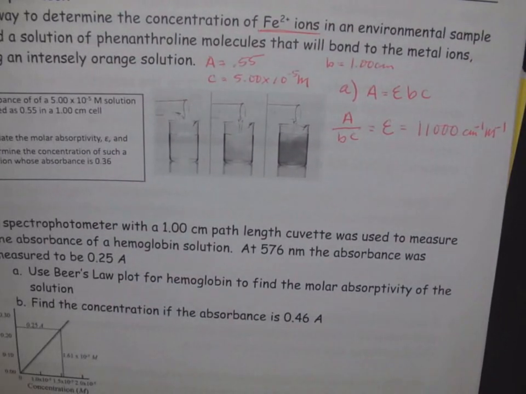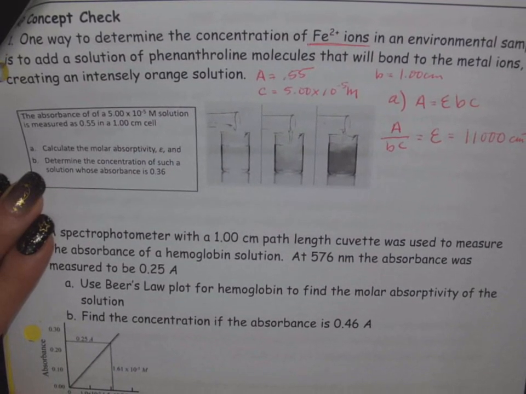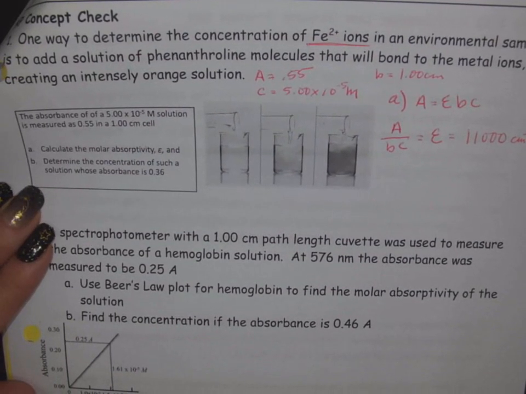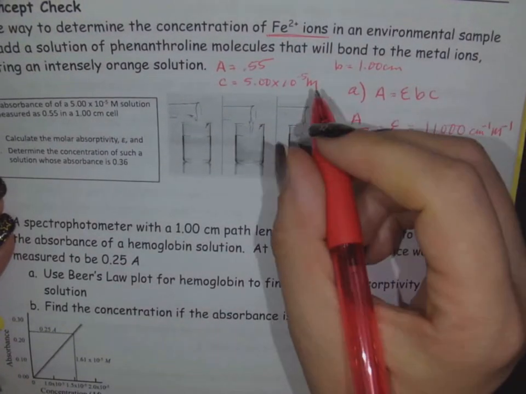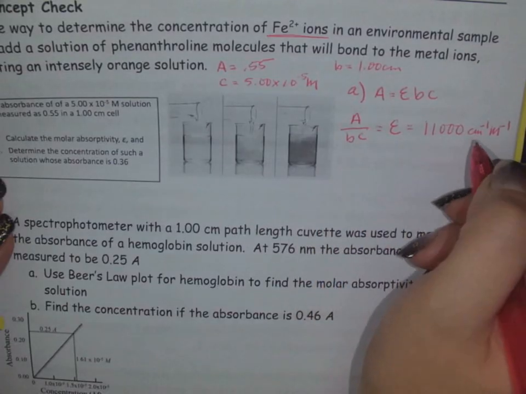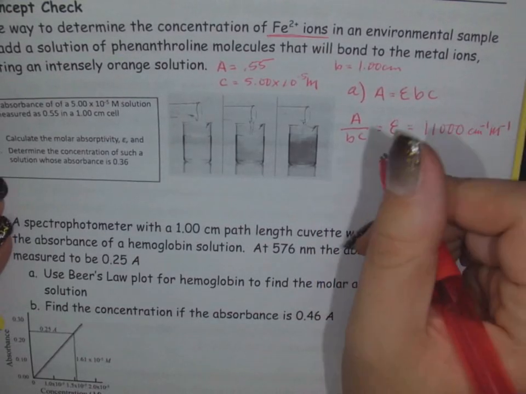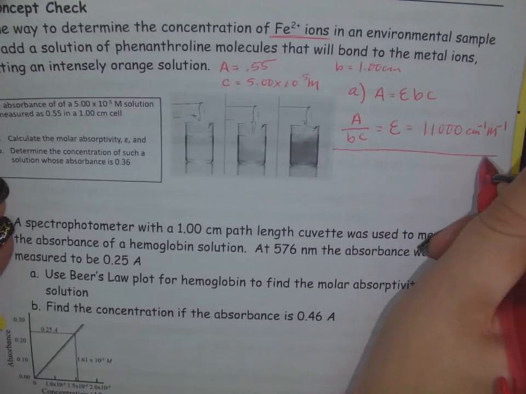Now part B says determine the concentration of such a solution whose absorbance is 0.36. So we go, okay, great. I knew what the concentration was and I was able to figure out my molar absorptivity. But now that I know molar absorptivity, I can figure out the concentration of an unknown solution.